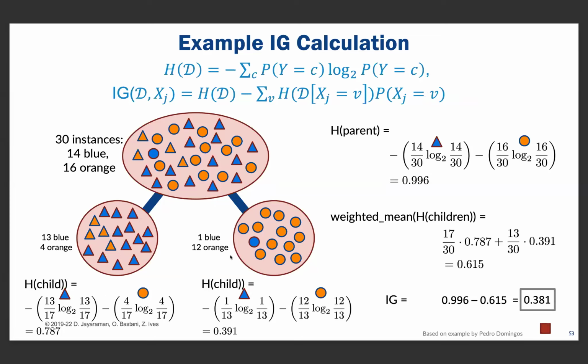So 17 over 30, the probability of this subset, times the entropy of this subset, plus the probability of this subset times its entropy. We get this number, and the information gain is the difference between these two numbers. Essentially, to build the decision tree, we need to go through all the features, all the entries of our x's, and consider the splits.